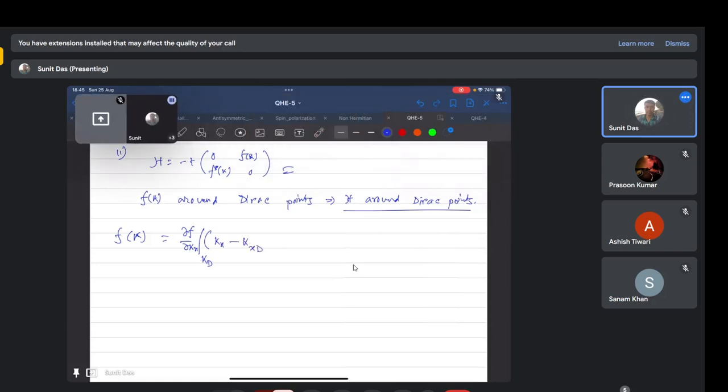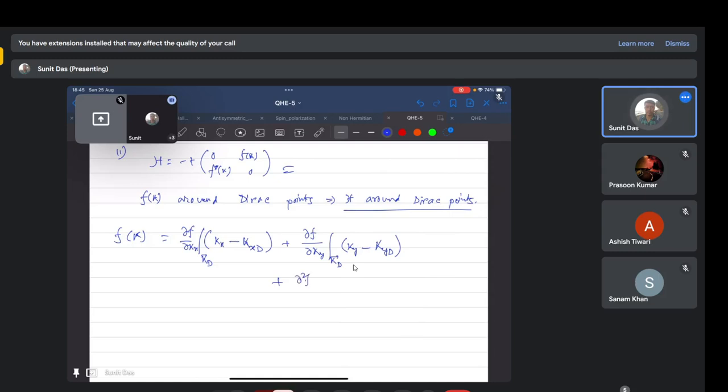Kx d means Dirac point coordinates, and f is also a function of qi, so we'll have del f del qi at kd. I'm not using vector notation, but all of those are vectors. These are vectors, let's say qi minus qi d. So this is again the Dirac point coordinate, and so on.